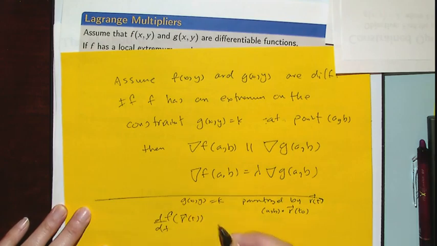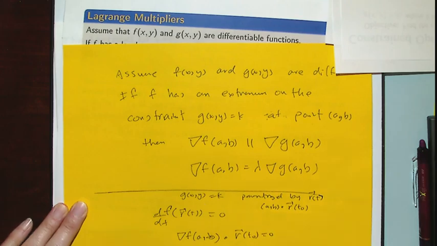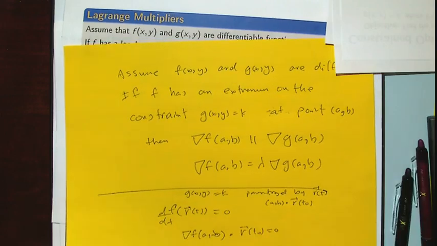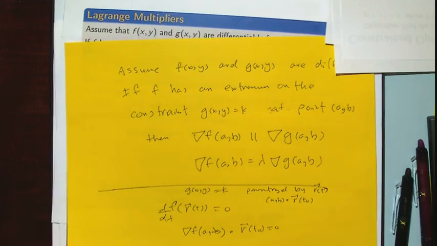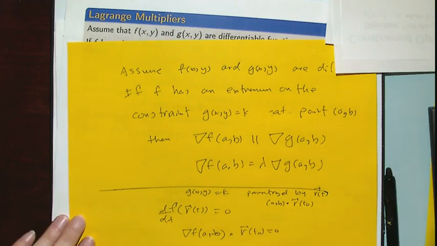You take the derivative of that. You set it equal to 0. That would be just the gradient of f at A and B dot r prime at t0 equal to 0, and it tells you that the gradient of f is orthogonal to the curve of the constraints. Therefore, the two gradients are parallel. That's the proof. Sketch of the proof.